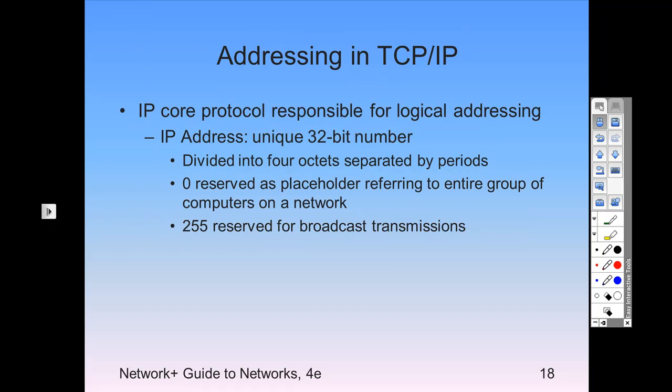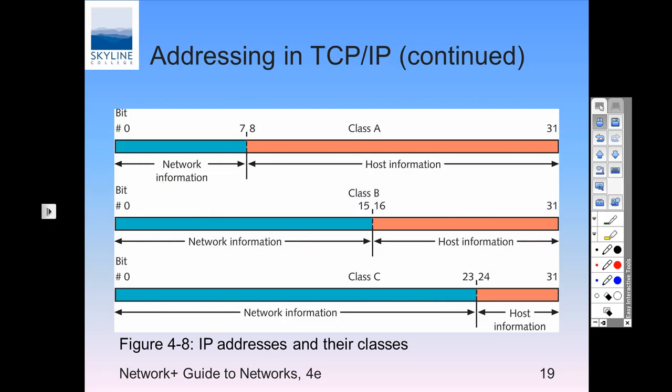It's a 32-bit number, 4 octets, and again, this is one that I just want to go through basically. The overview here shows 3. There are 4 classes of IP addresses. The routable ones are A, Bs, and Cs, and the difference between them is how many networks are available versus how many hosts are available.